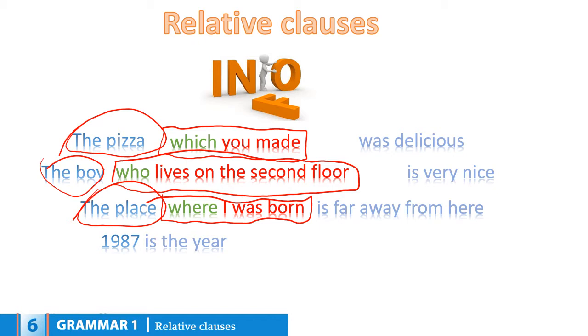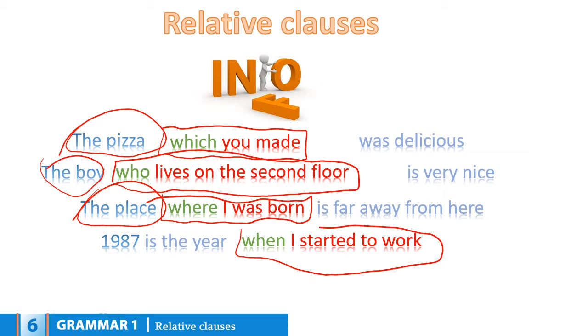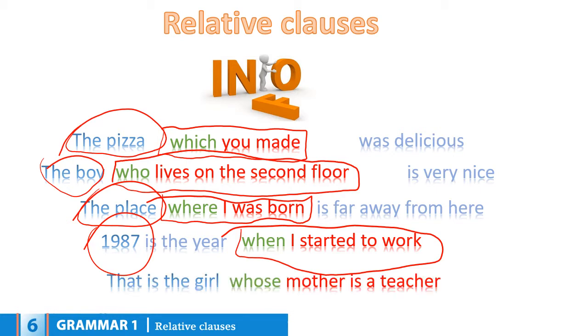1987 is the year. What year? When I started to work. Oh, now I know. Okay. So 1987 you started working. That's right, very good. That is the girl. What girl? Whose mother is a teacher. Okay. That's it.